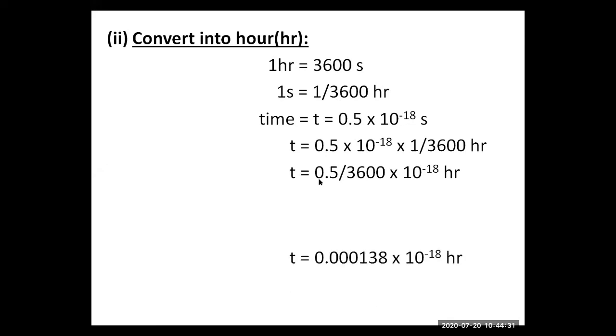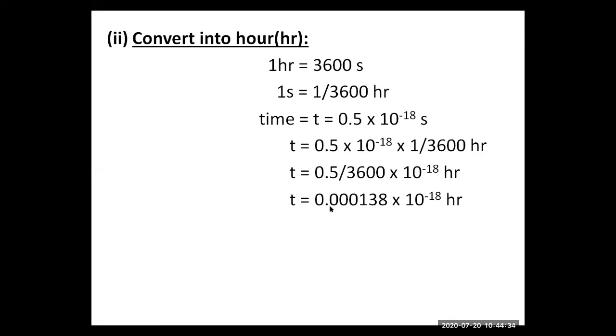After that, we are getting 0.000138 when we are dividing 0.5 by 3600, and the power will be written as it is. Now we will shift the decimal after 4 digits, so it will become 1.38, and the power of 10 will become 10 raised to the power minus 4. And multiplied by 10 raised to the power minus 18 will remain the same.